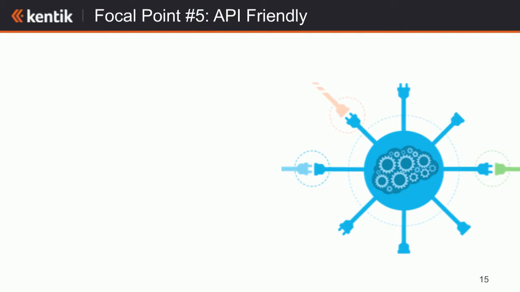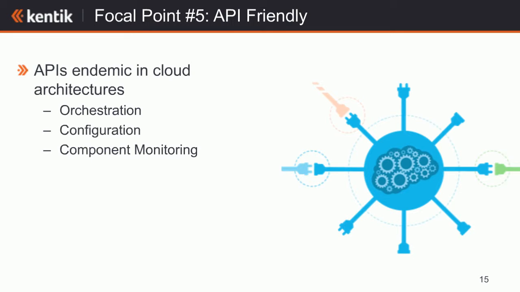So the last focal point here, we're going to talk about API friendly. And the reason that I mention this is that APIs really are seeing tremendous adoption and use and getting increased attention and value around this whole move to cloud. We're changing our applications development environment, but we're now starting to have APIs be present in all aspects of cloud services and virtualization services.